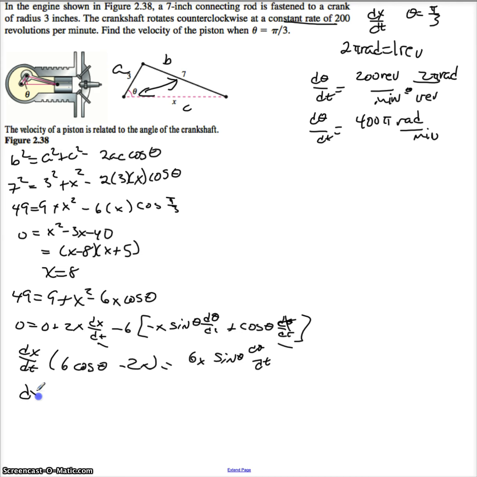So I wind up with dx/dt is equal to 6x sine theta divided by 6 cosine theta minus 2x. And all of this is times d theta/dt.